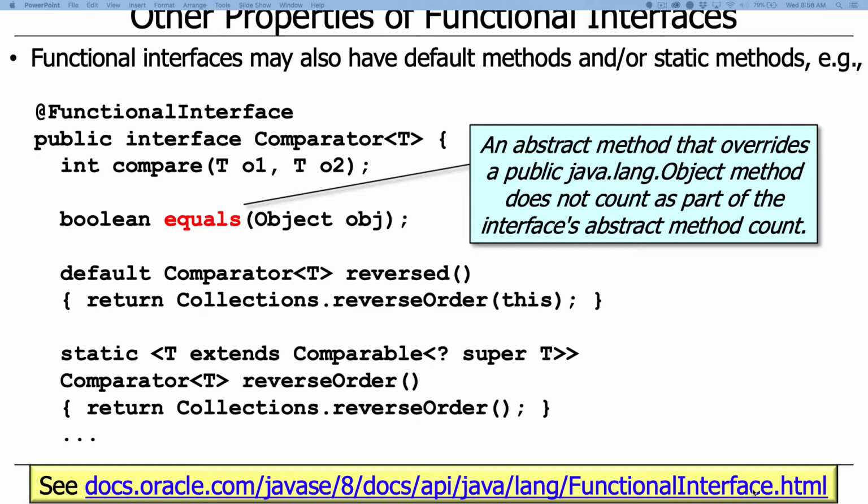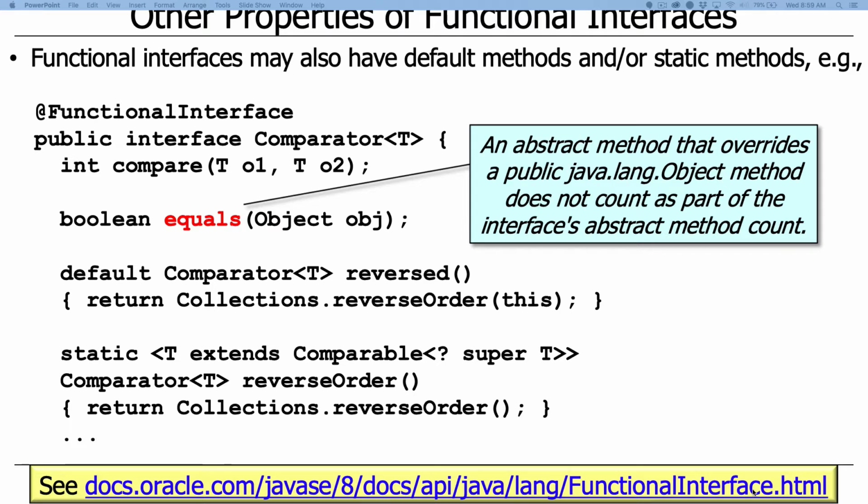Well, it turns out that there's a special case rule that goes back to your question from before, which is that if an interface overrides a public method defined in the java.lang.Object super duper class, right? Remember that every class in Java extends java.lang.Object whether you explicitly designate it to extend it or not, right?